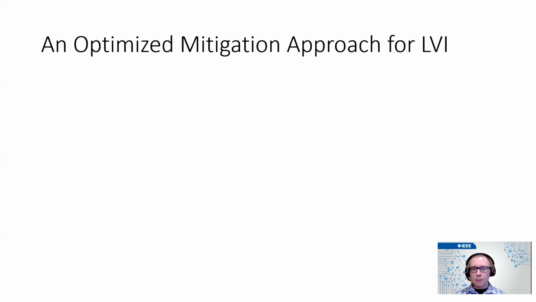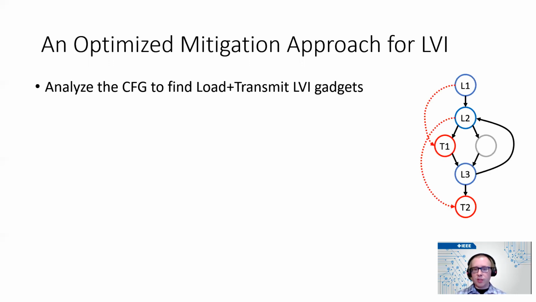So here's the adapted LVI mitigation algorithm at a high level. We use the static single assignment form available to most modern compilers to extract data flow relationships between loads and their respective transmitters, and we project those relationships onto the function's control flow graph.